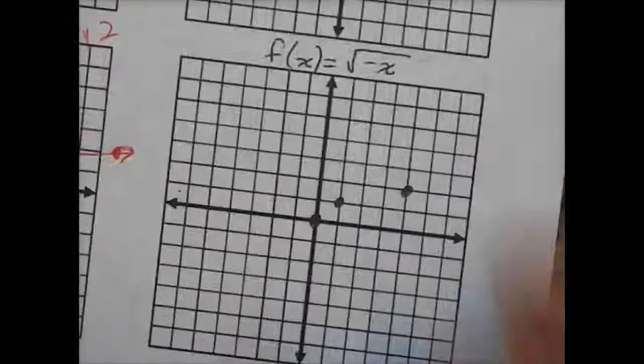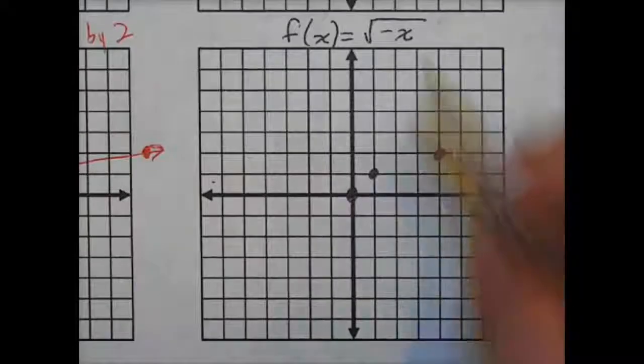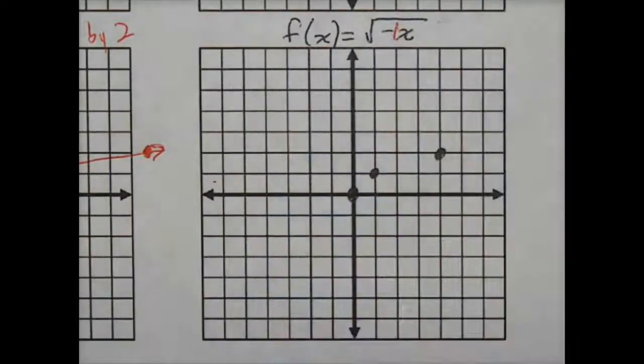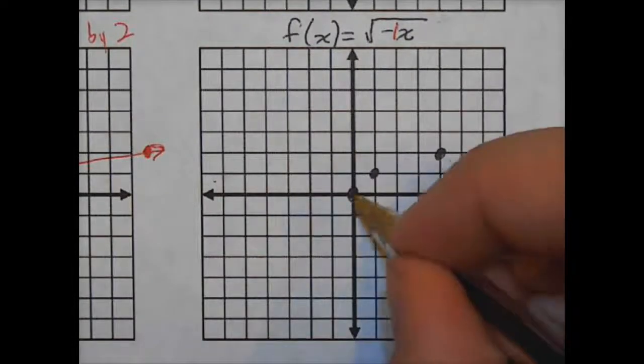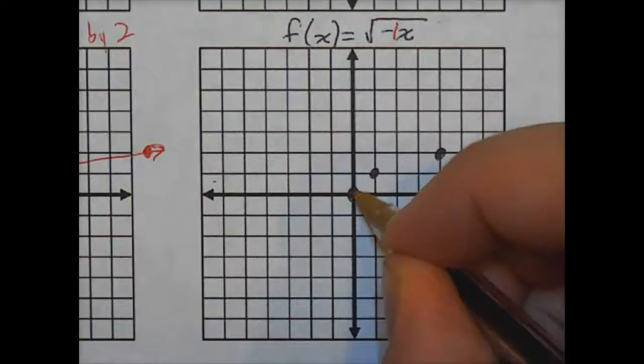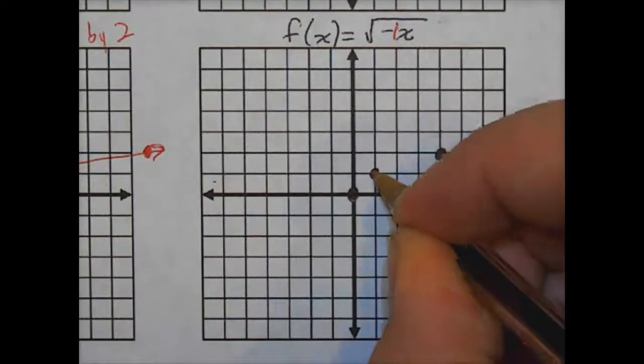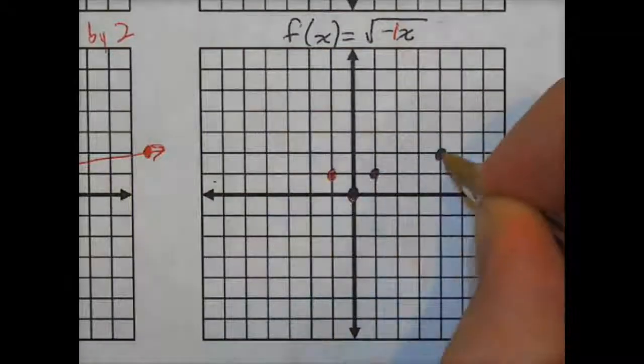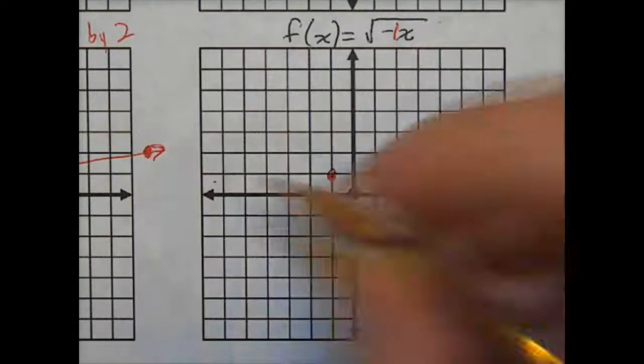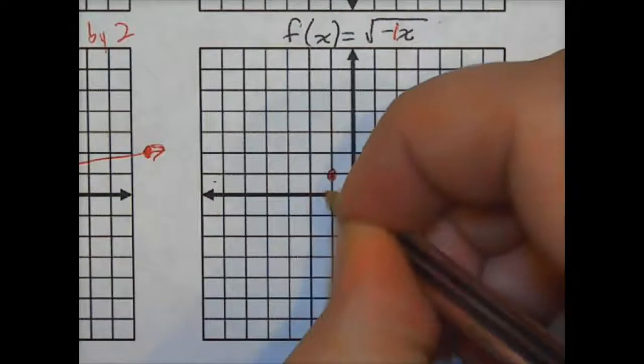This is a horizontal stretch. All right, last type of thing that you will see. If we are multiplying our x's by -1, it's the same thing as dividing our x's by -1. So if I take my x value here, the x value is 0. 0 divided by -1 is still 0. 1 divided by -1 is -1, believe it or not. 4 divided by -1 is -4. So that will move to 1, 2, 3, 4.